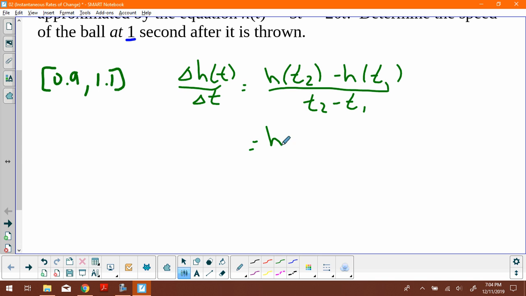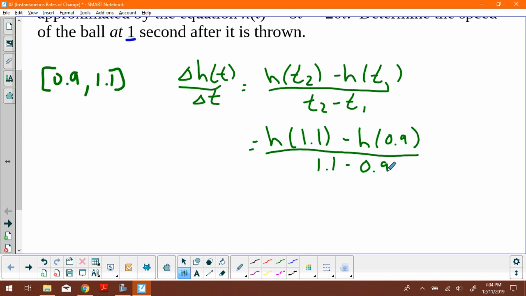So that's going to be h of 1.1 minus h of 0.9 over 1.1 minus 0.9.